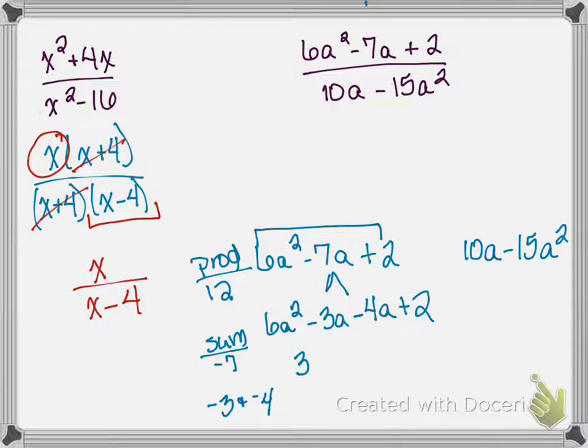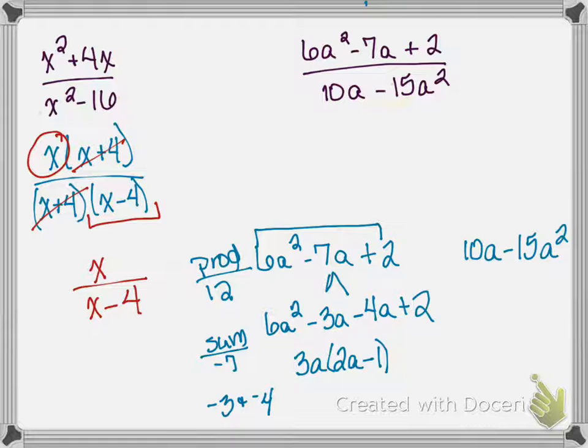What comes out of the first two? Good. Okay. What's left? Good. Okay. Now, what comes out of the -4a plus 2? What comes out of the next two? Okay, what else? What do we take out when that third one's negative?